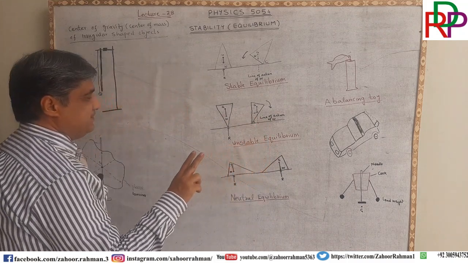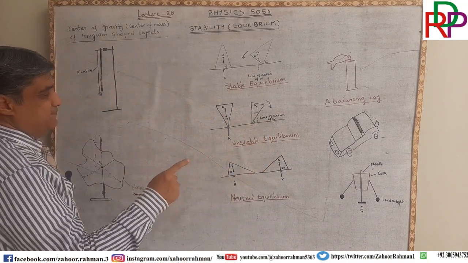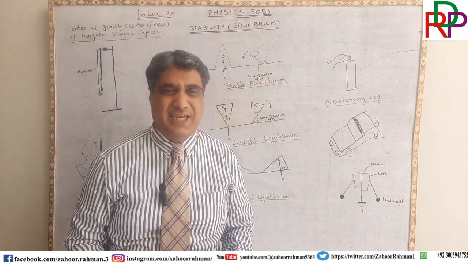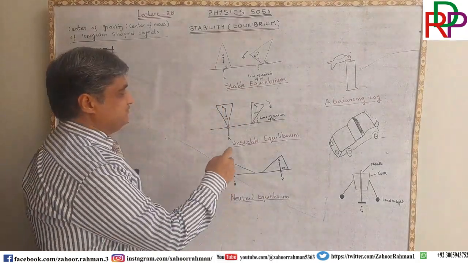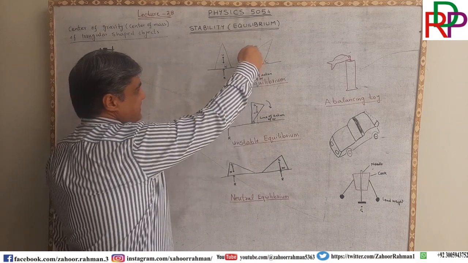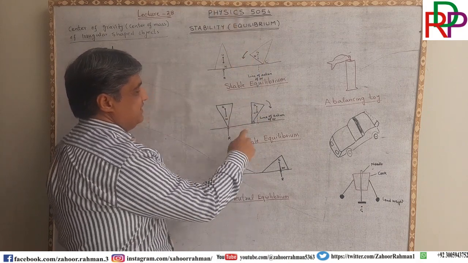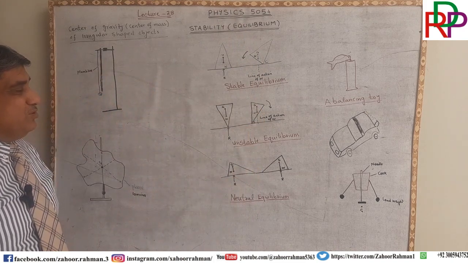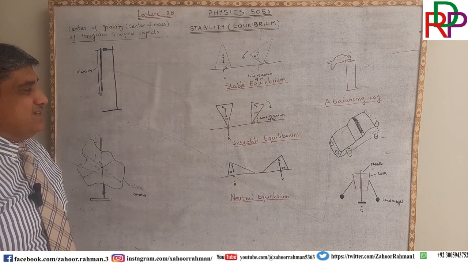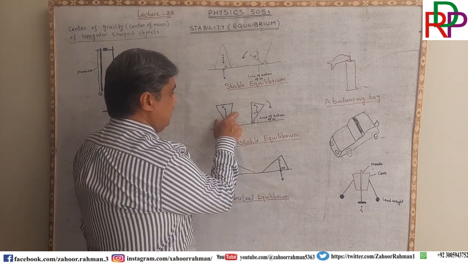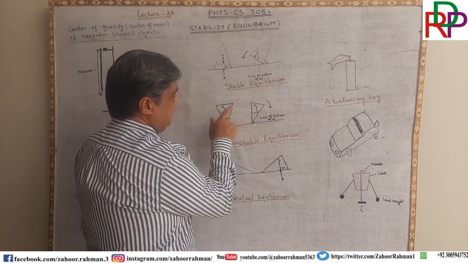Here we are observing two things. The first one is that the center of gravity is lowering, is coming down. In the earlier case, it was rising, but in this case, it is lower than the original center of gravity, the time at which this cone was in equilibrium.